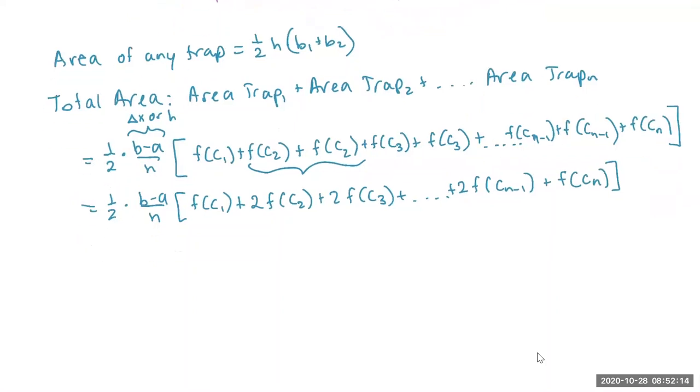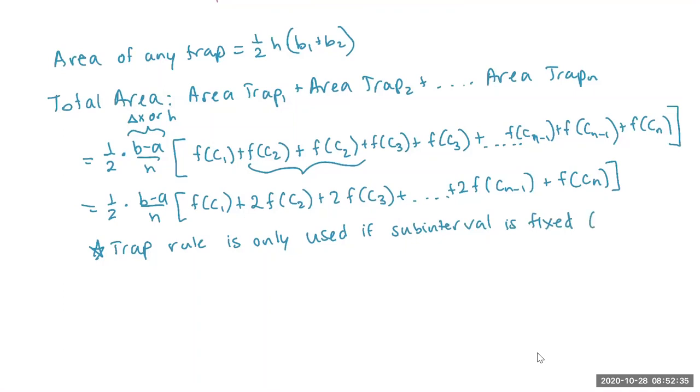Okay, the caveat for using the trapezoidal rule is that the trap rule is only used if the subinterval is fixed. In parentheses, the subinterval happens to represent the height.